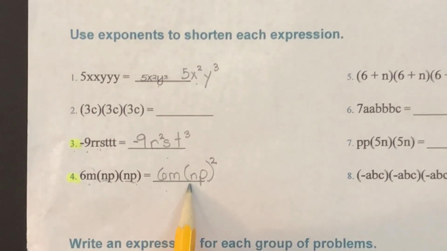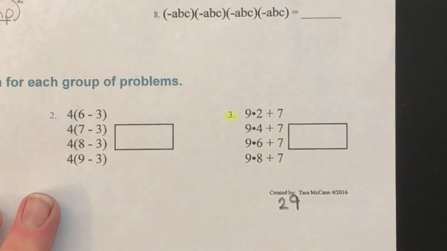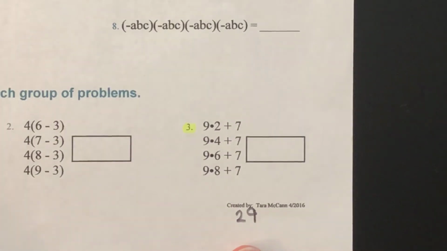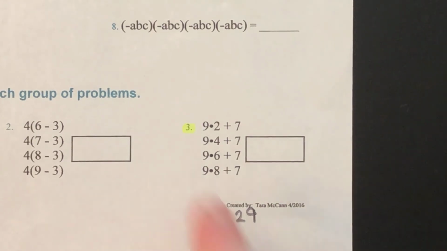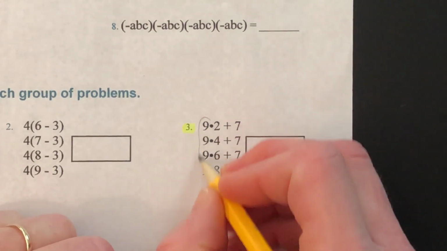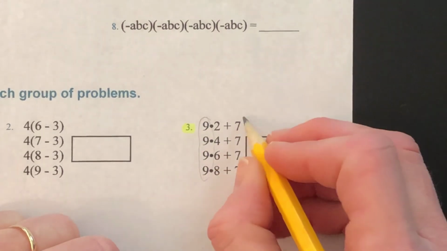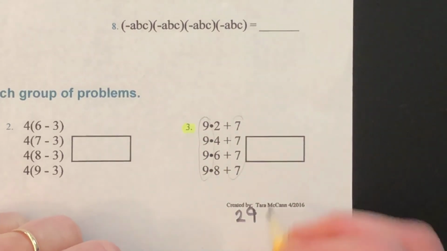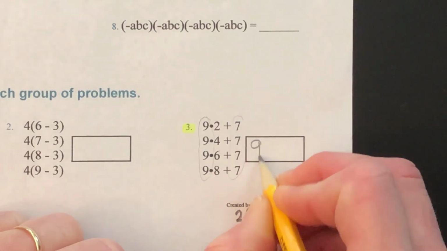The last thing we'll do is number 3 at the bottom. We are writing these with variable expressions. What is the variable expression that explains the rule that every one of these fit by? Notice that every one has a 9 in the beginning and every one has the 7 at the end. So whatever my rule is, it will always start with the 9.